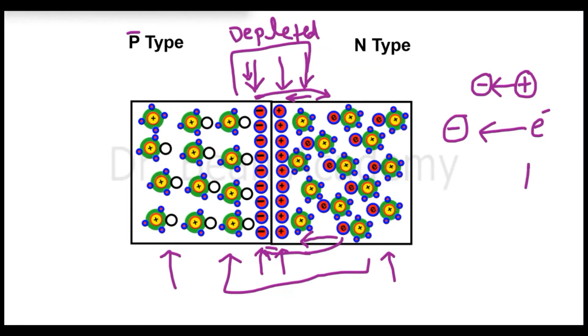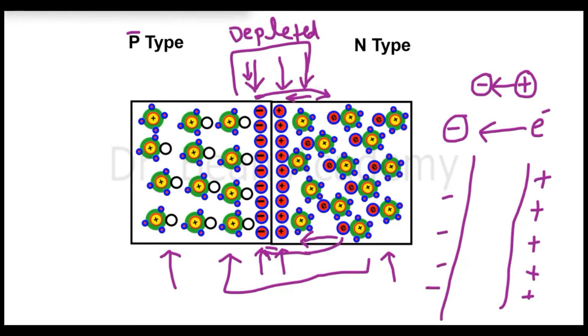Now we have a series of positive charges on one side, and a series of negative charges on the p-type, and an electric field has been set up between them, and no charge can exist in between.